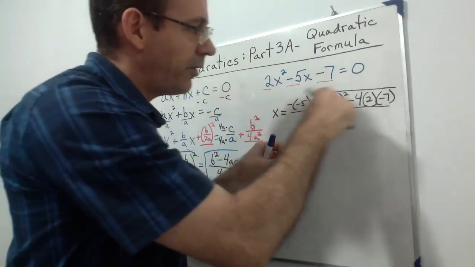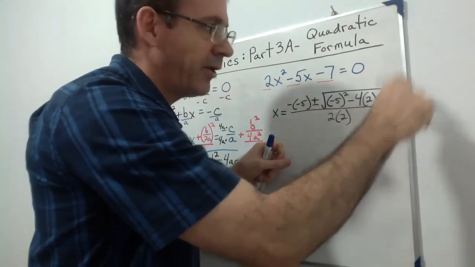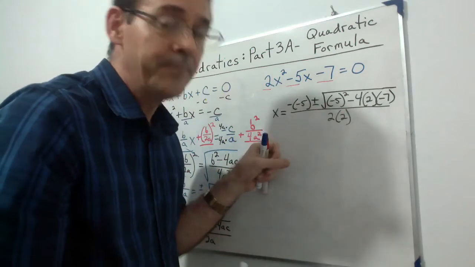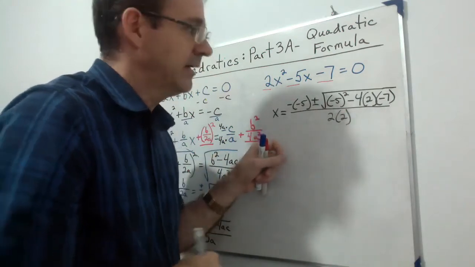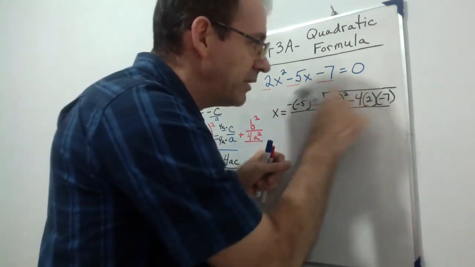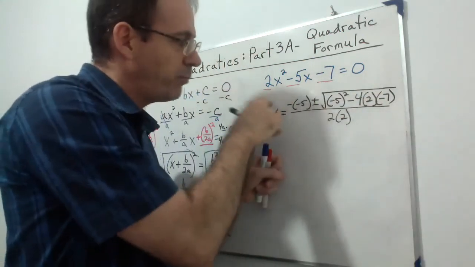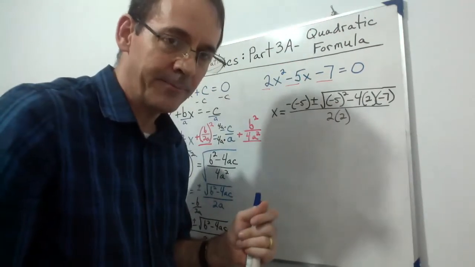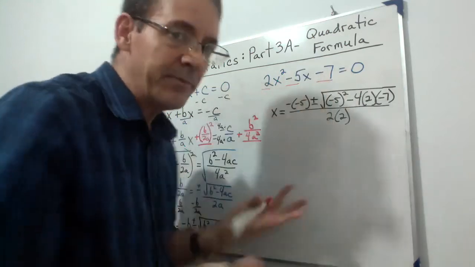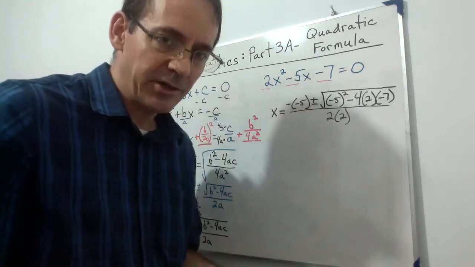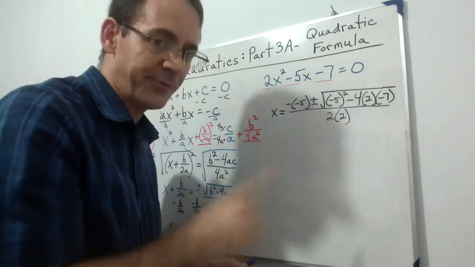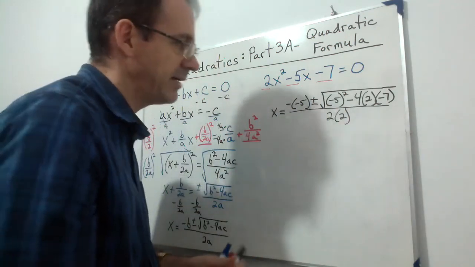If you put all this in the top in your calculator and all you do is hit the divide sign and 2 times 2, or you put 4, it won't be correct because your calculator will put the division of the 4 only into this part. It won't put it into the entire numerator. So a lot of students might be doing the math right, but if you enter it into your calculator wrong, you're going to get the wrong answer. So be careful how you enter it into your calculator.